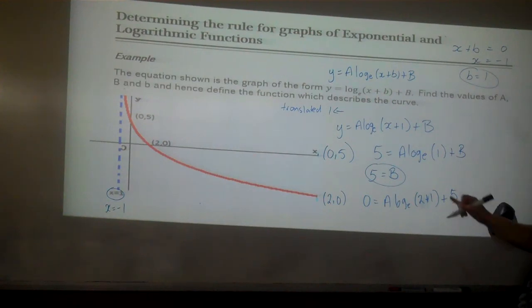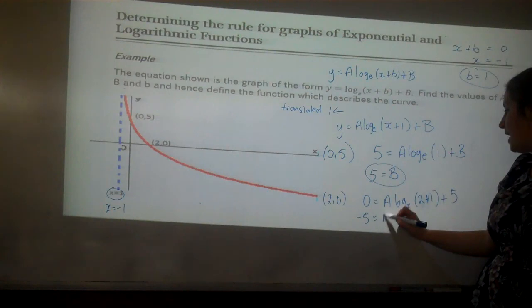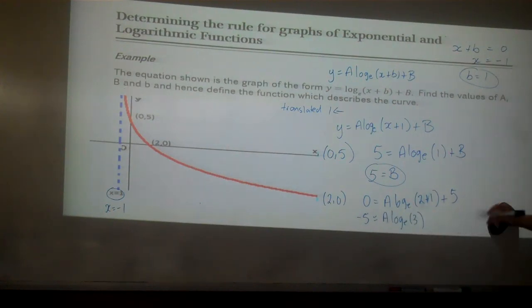So if we are solving this, we can subtract 5. Negative 5 equals a log e of 3. Continuing on, we're wanting to find the value of a, so a will equal negative 5 over log e of 3. Okay, so we have our values.